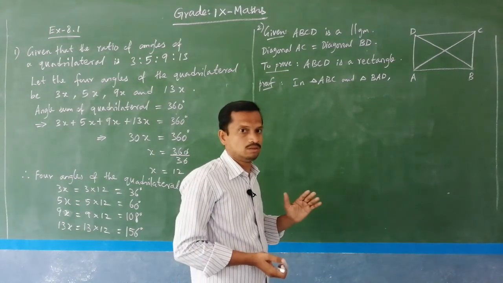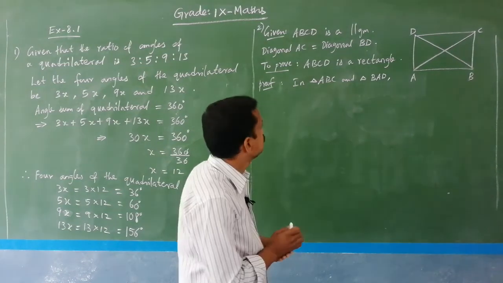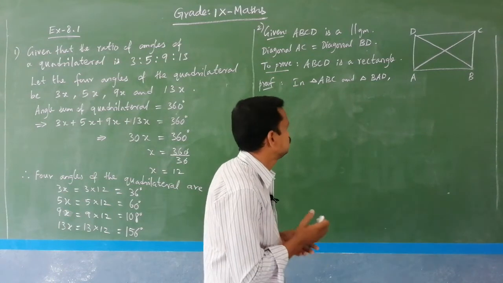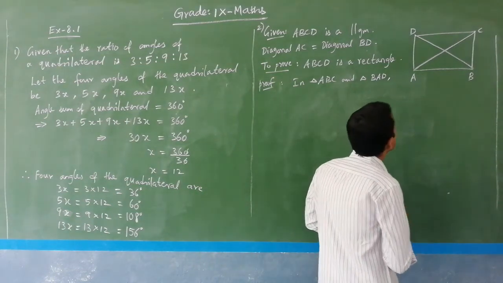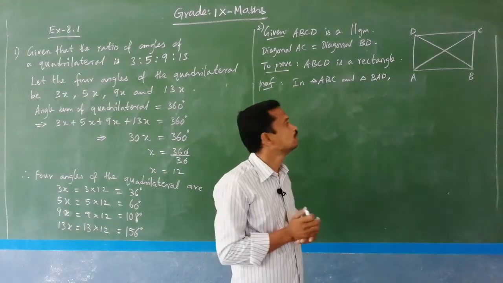But if the diagonals are equal, we have to show that it is a rectangle. Okay. You see, in these two triangles, I am going to say they are congruent. How? You have to focus only on these two triangles in the diagram.